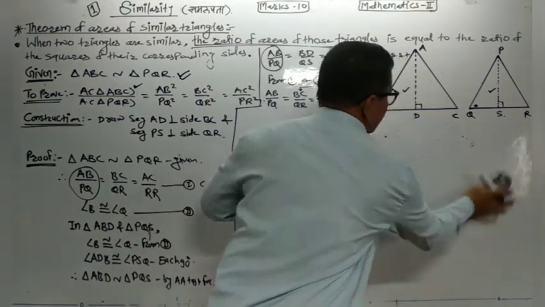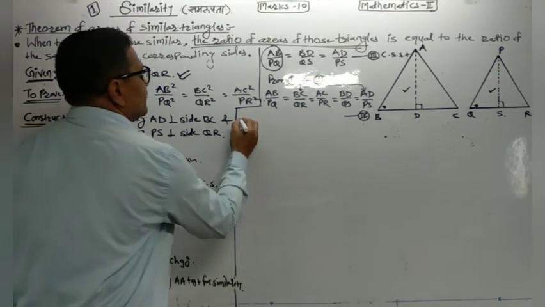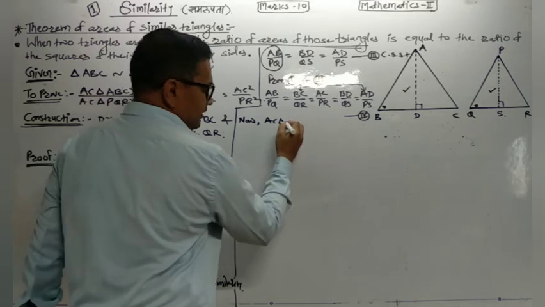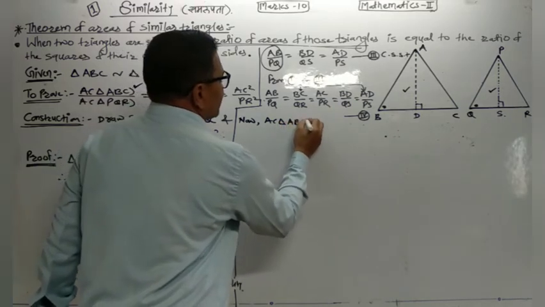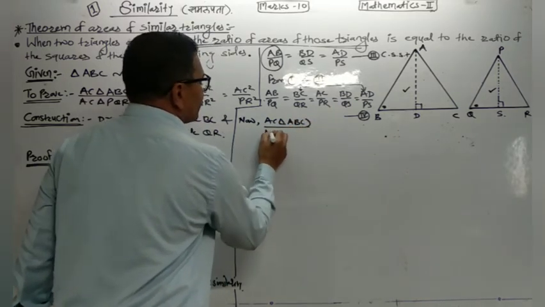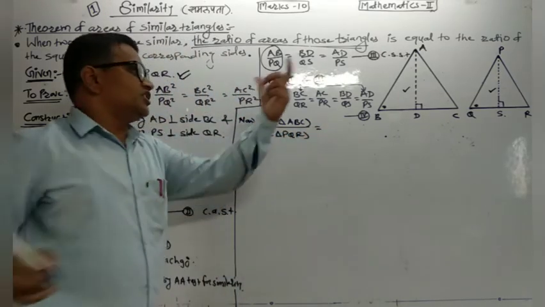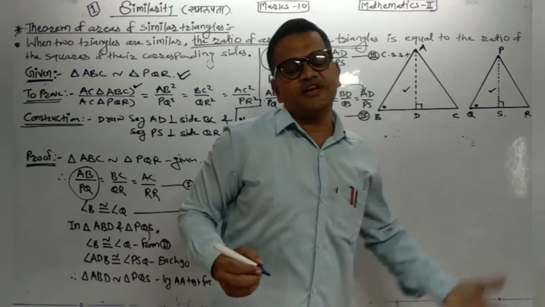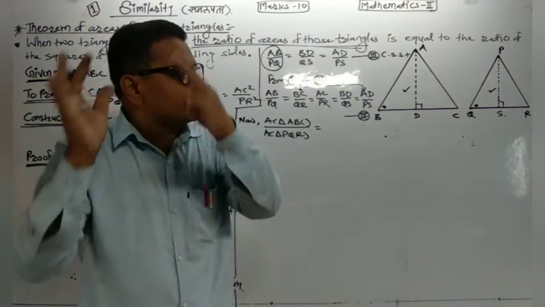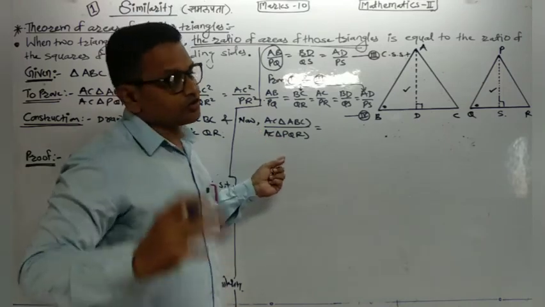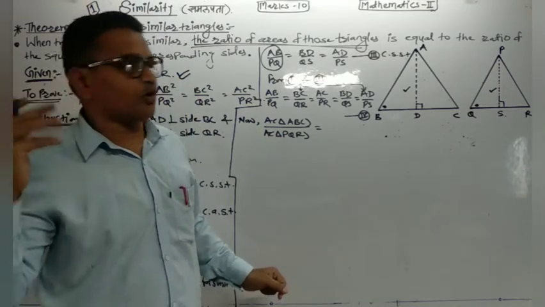Now area of triangle ABC divided by area of triangle PQR. These are two triangles having different bases and different heights. Then according to the property of ratio of areas of two triangles, the ratio of areas of those triangles is equal to the ratio of the product of their bases and corresponding heights.